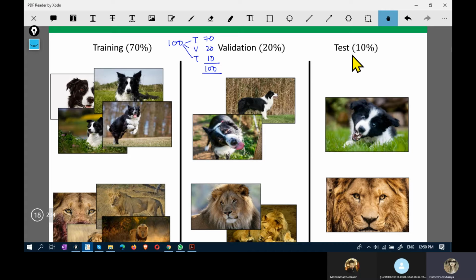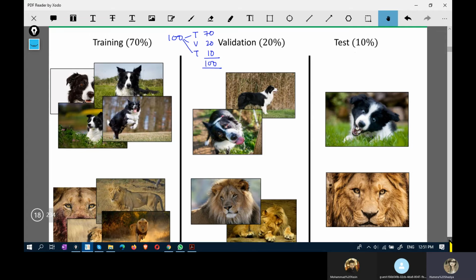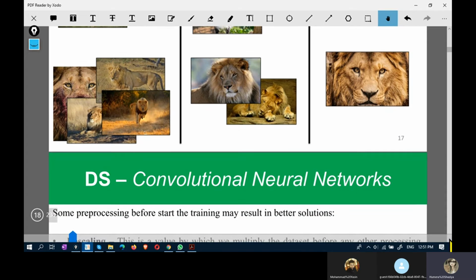And finally, last 10 images you use which have never been seen by the model, which are absolutely new to the model, are given to model for testing whether model is able to correctly predict or classify, in fact, that this image is a dog image. You see, these are not repeated. If you have repeated images, then how will you know whether the model has learned the characteristics and features of the images properly? You will not know.